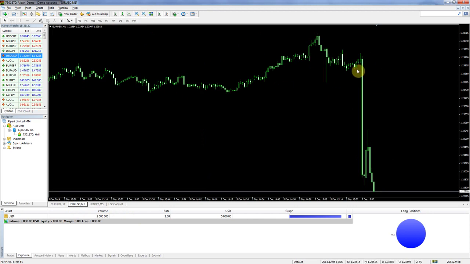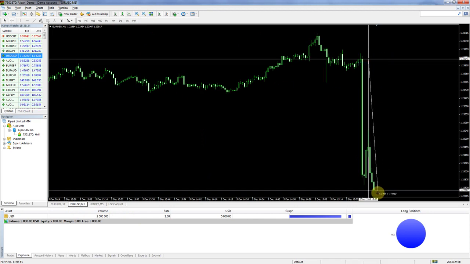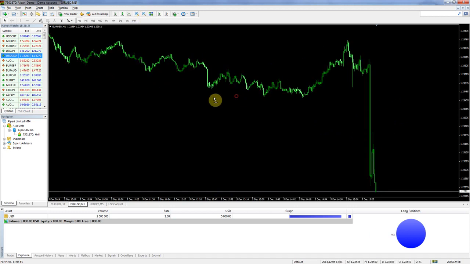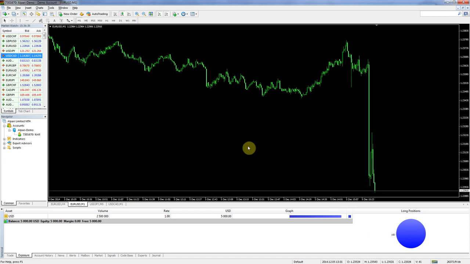Just look at the magnitude of these movements. This is already 73 pips in about the space of 5 minutes. So you can earn massive amounts of money here if you choose to trade fundamental analysis. All right, so that's pretty much it for today.